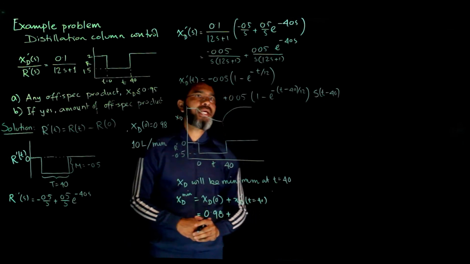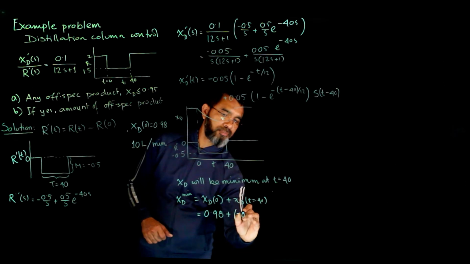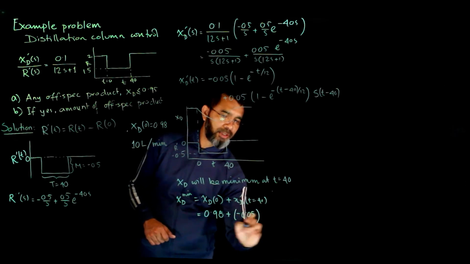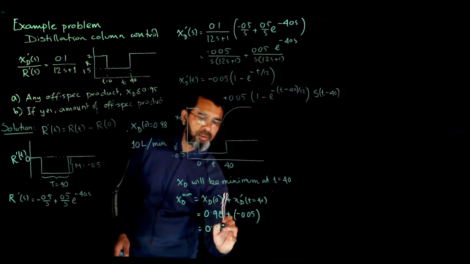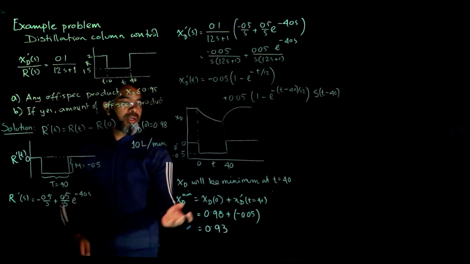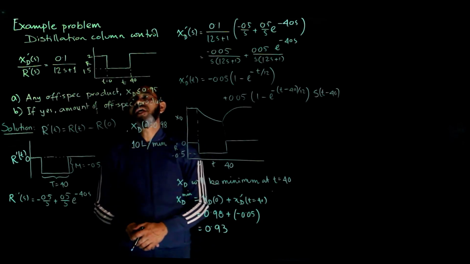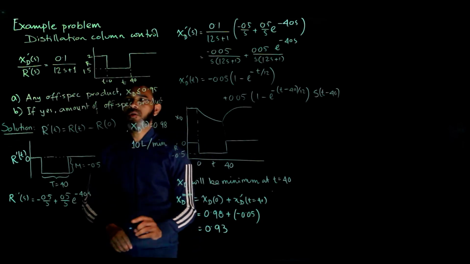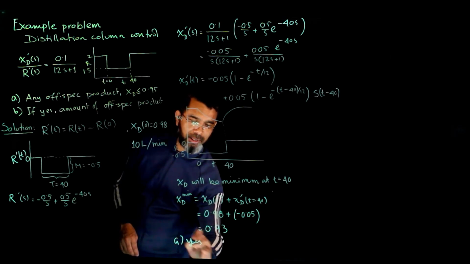You can do the calculation and it will be simply negative 0.05. So it will go to 0.93. That means there will be off-spec product.